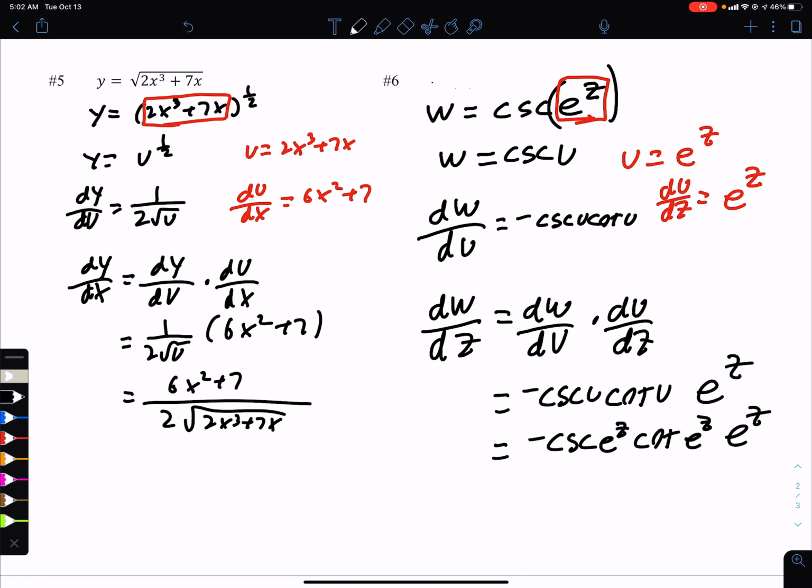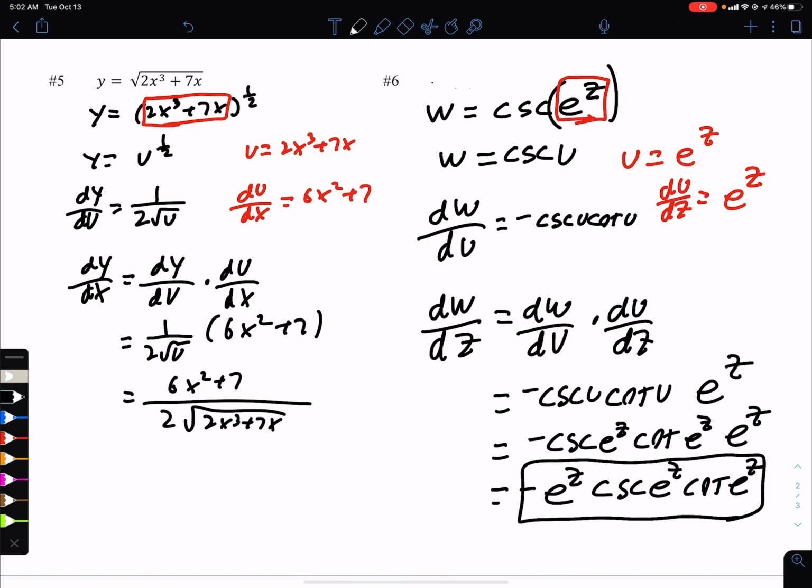And remember, these are inside another function, so I can't combine it with that. But to make life a little prettier, I could put that in front. And I get that as my final answer. That is the derivative of w with respect to z of the original.